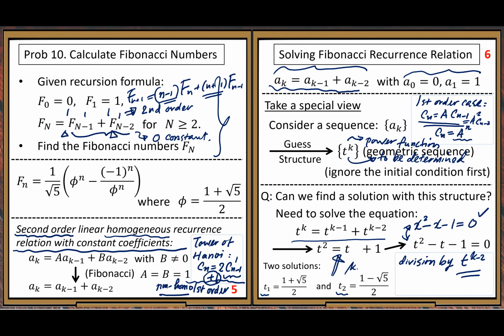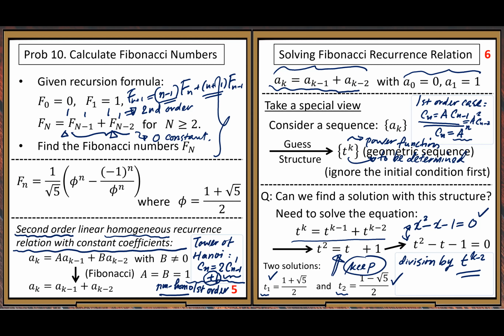We should keep it, because we do not assume this t is the golden ratio. There is no reason that t cannot be a negative number. So these two solutions should be considered valid solutions for the given recurrence relation.